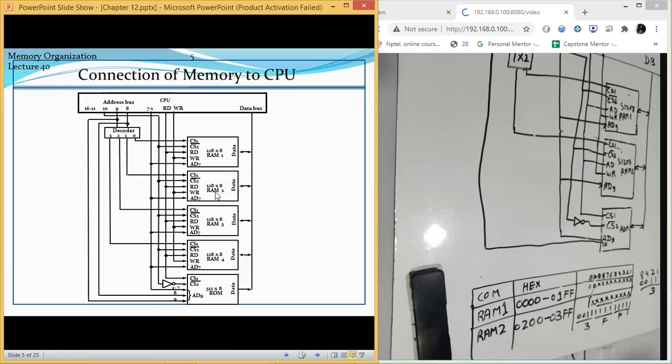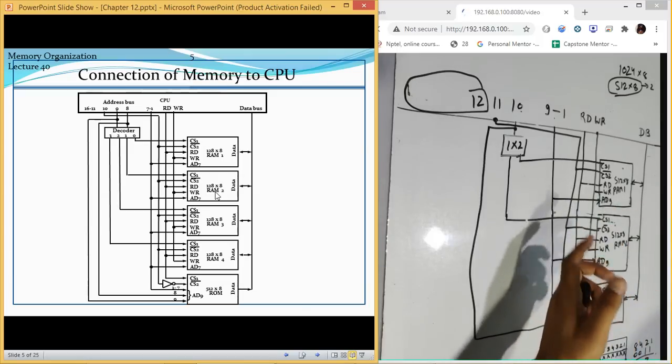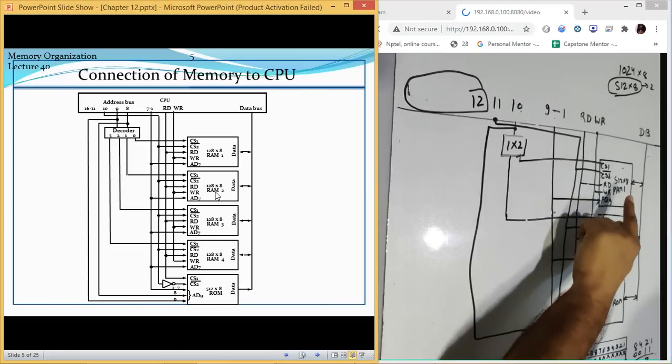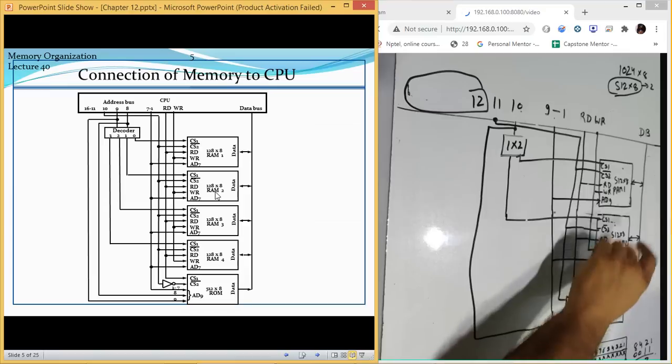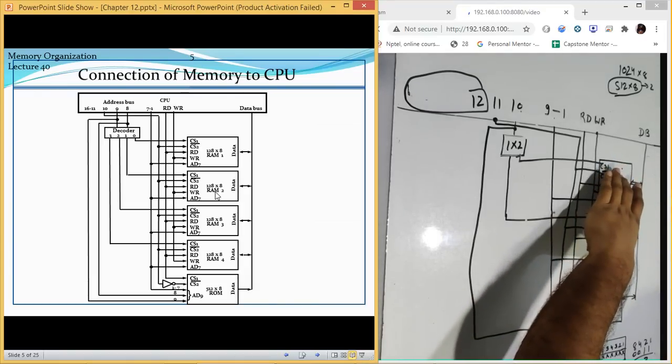So what does it mean? Whether you make it in a single row or you expand it in different rows, the answer is going to remain same. The answer is same as that of the earlier case. So it is 03FF. So you can expand the number of chips, you can reduce the number of chips, it is up to you. Currently we are using 512, if we make it 128, then we will be requiring 8 chips to make it work.